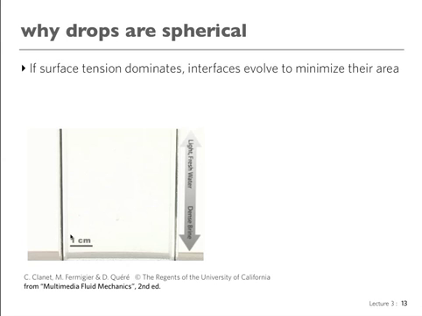In that situation, the interfaces normally evolve to minimize the area. Now, in an experiment, if we would like to remove the effect of gravity to observe that situation, one possibility is to use 2 fluids that cannot mix but have equal density.